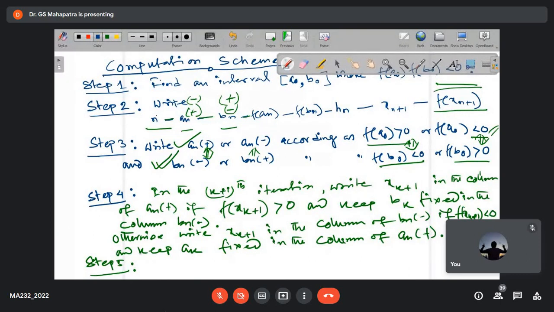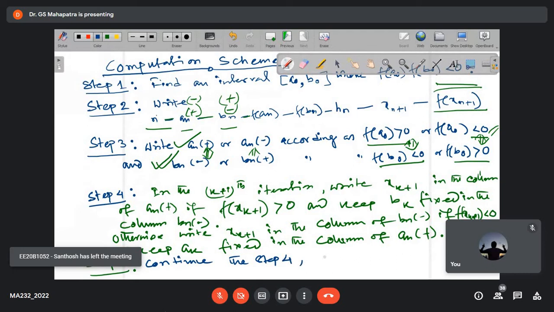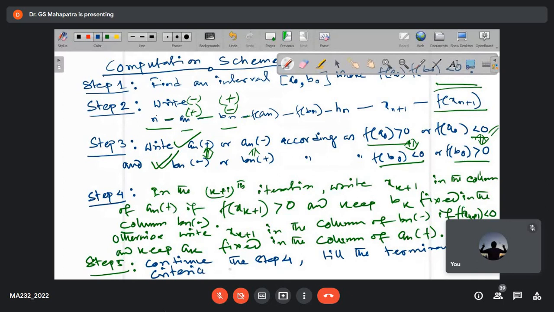Continue step 4 till the termination criteria are satisfied.